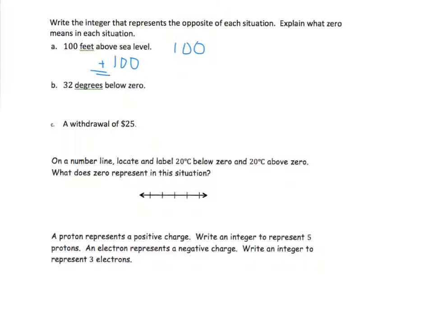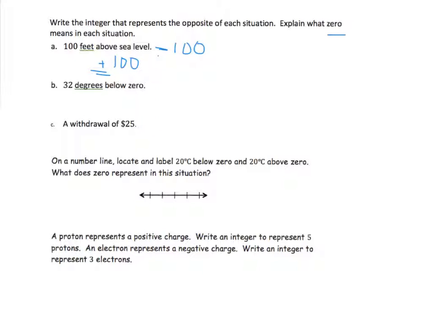But that's not what this question is asking. The directions, and this is, again, active reading, you need to read the directions. Write the integer that represents the opposite of each situation. The opposite. So the opposite of 100 is a negative 100.